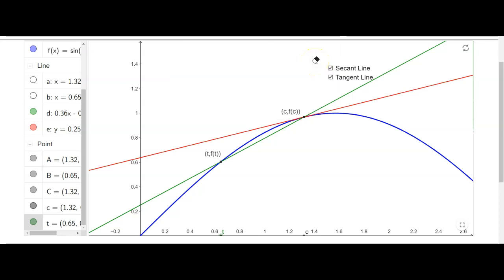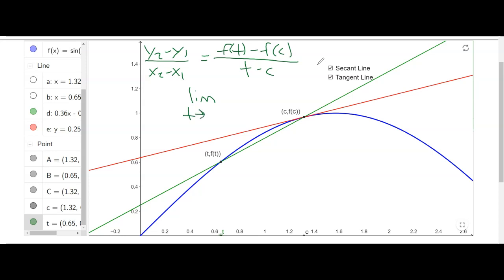So initially we had y2 minus y1 divided by the quantity x2 minus x1, and we had f of t minus f of c divided by the quantity t minus c. Now, this didn't work because we were trying to find the specific value, but we are able to find the limit as t approaches c of this quotient, right? Because the secant line has a slope. Let's do minus there before c.